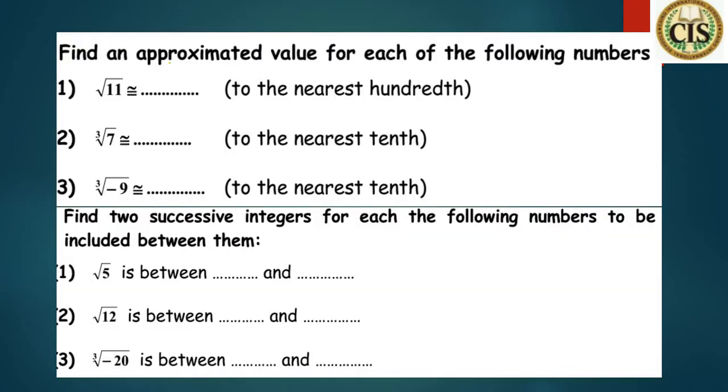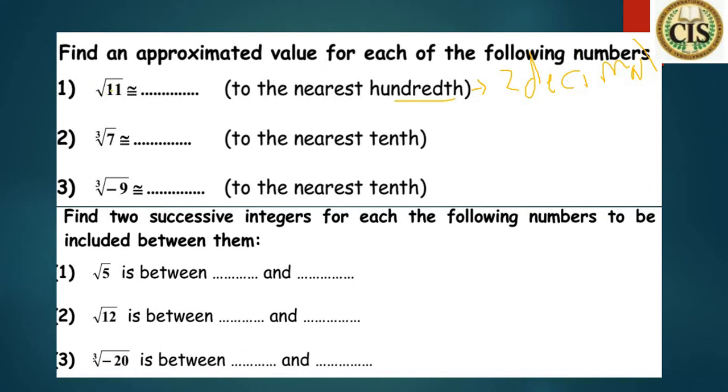Find an approximated value for each of the following numbers. Root 11 to the nearest hundredth. To the nearest hundredth means we need only 2 decimal places after the decimal point.